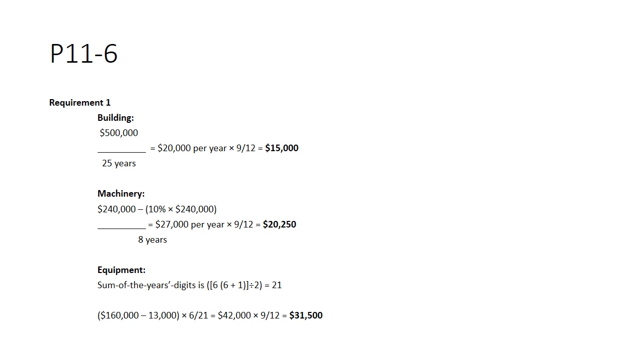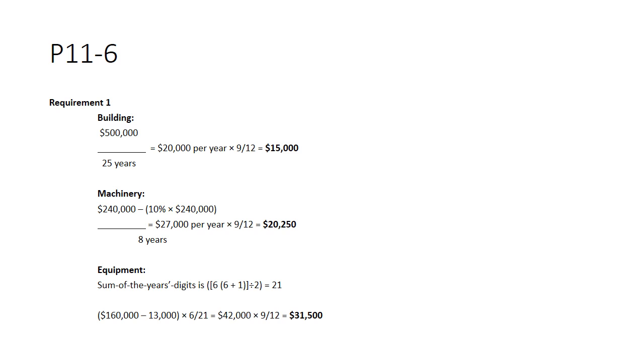Just like with the building, we're only using the asset 9 of the 12 months of the year. We began using it April 1st. So the amount of depreciation expense, $20,250.